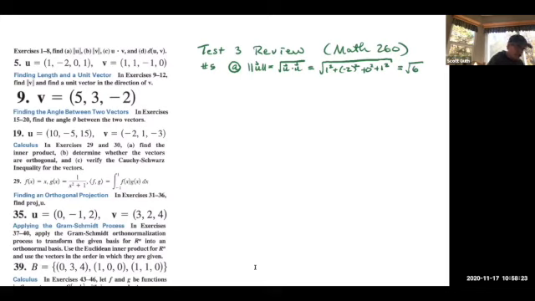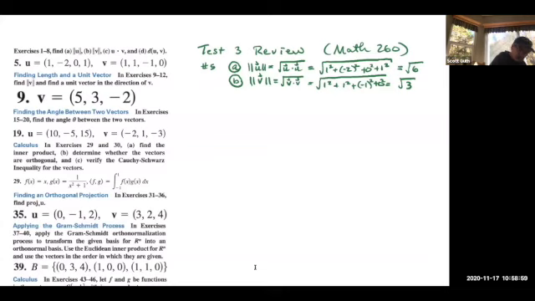So on B, they want the norm or the magnitude of V. As before, that would be the square root of V dot V. This time we'll do 1 squared plus 1 squared plus negative 1 squared plus 0 squared, so that looks like the square root of 3.